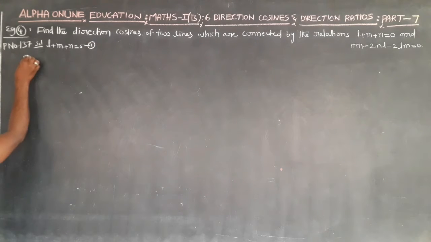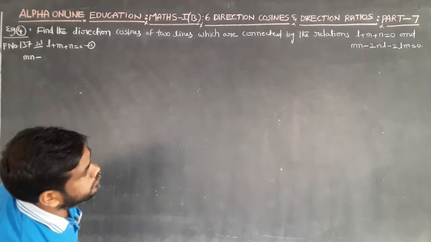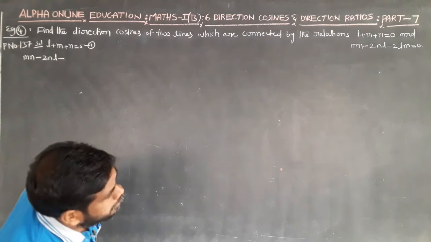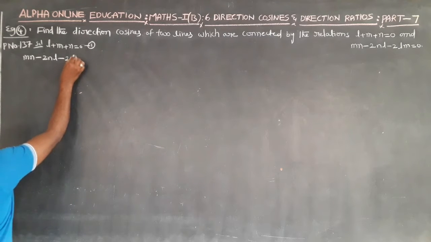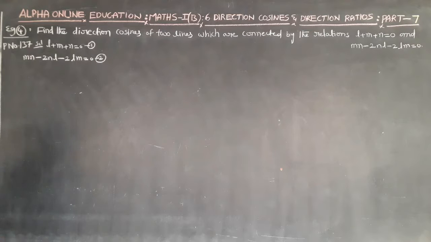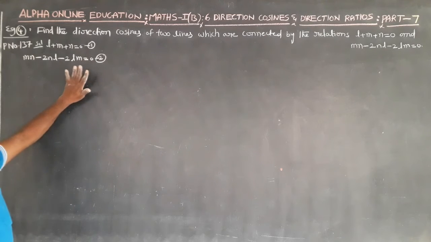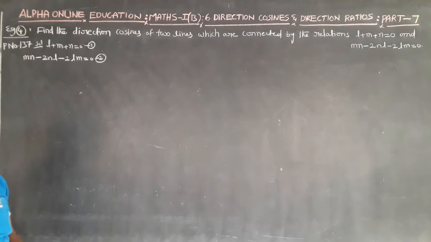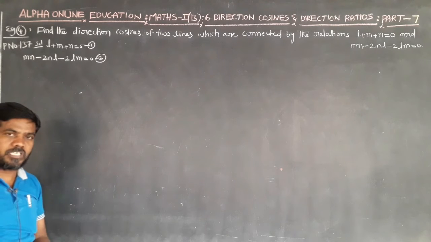Second equation, Mn minus 2NL minus 2Lm is equal to 0. Solve 1 and 2. Listen carefully, observe here, we are solving the process.